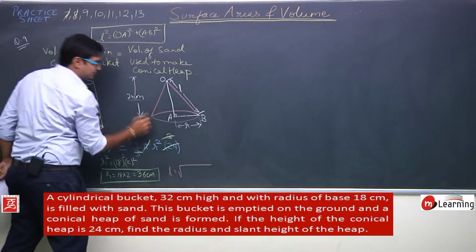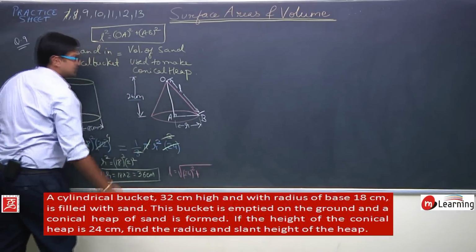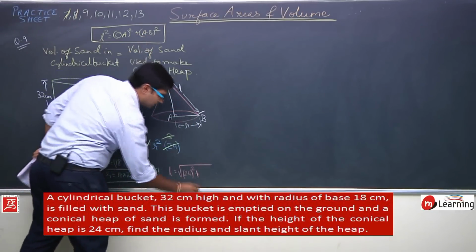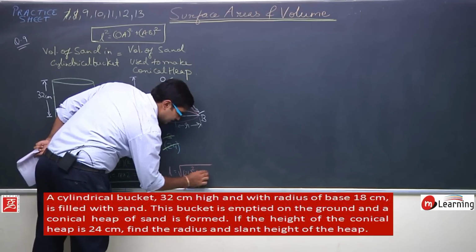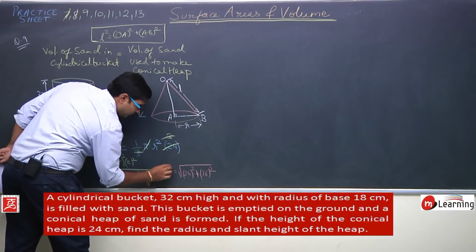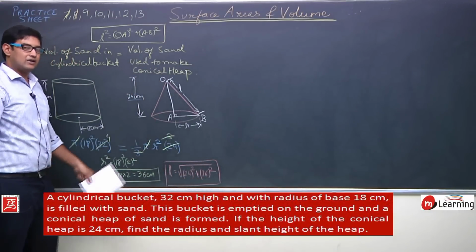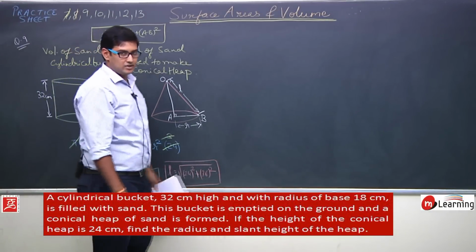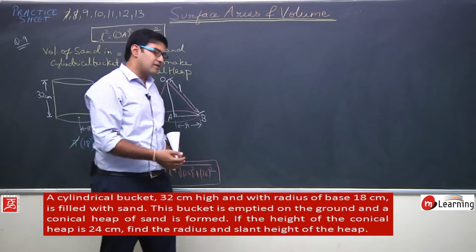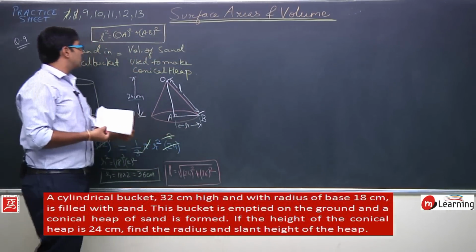OA represents the height, which is 24 centimeters. So 24 square plus r. AB is r, which is 36. Just now we have calculated. So this is 36 square. So this is the value of L, that is the slant height. Okay. You can calculate this. It's very easy calculation. Square of 24, square of 36, then add and then square root, and you will get the value of L. Okay. So this is the solution for question number 9.